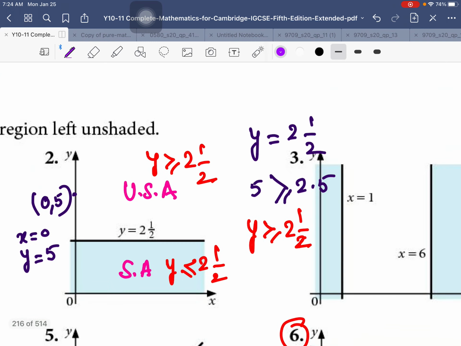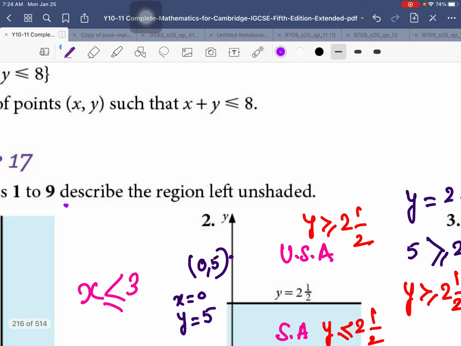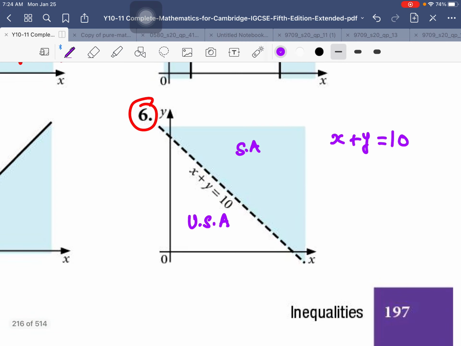The question is, describe the region left unshaded. So we have to describe the unshaded region, this one. For that, we need to consider one point in the unshaded area. Suppose this is 0, 0, and I take this point over here 1, and over here 2. I consider this point which is 1, 2.